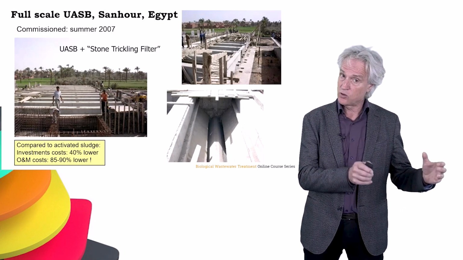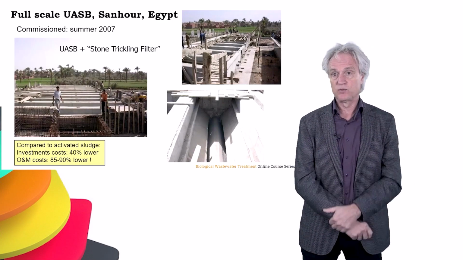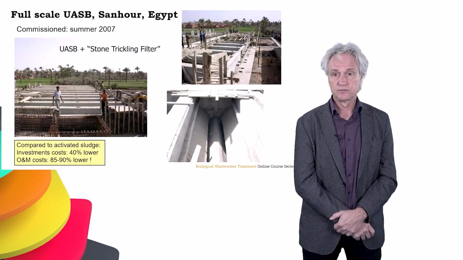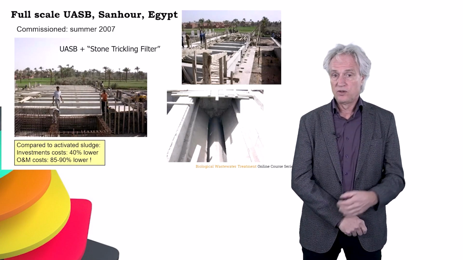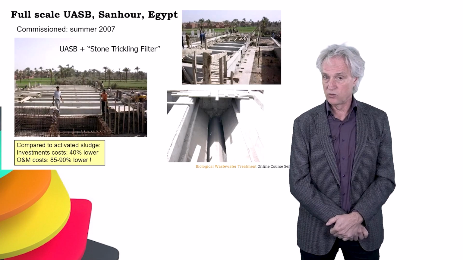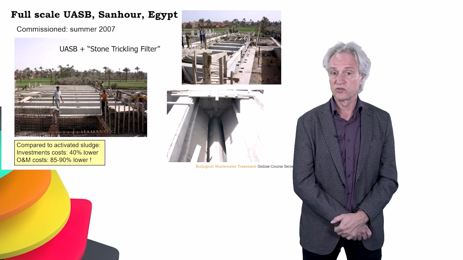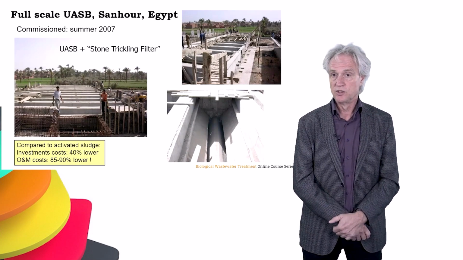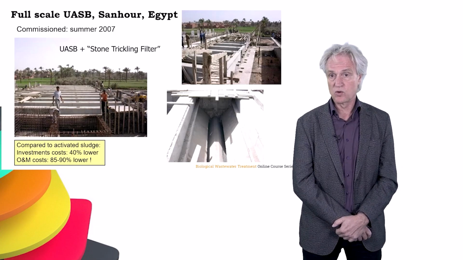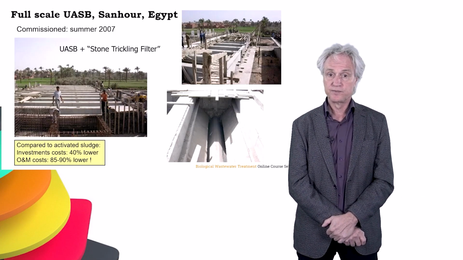So, making an anaerobic treatment preceding the trickling filter that was already installed there. And comparative analysis showed that the investment costs were 40% lower applying the USB reactor, and the operation and maintenance cost was 85 to 90% lower, mainly attributable to the fact that no energy was required operating the USB and trickling filter.